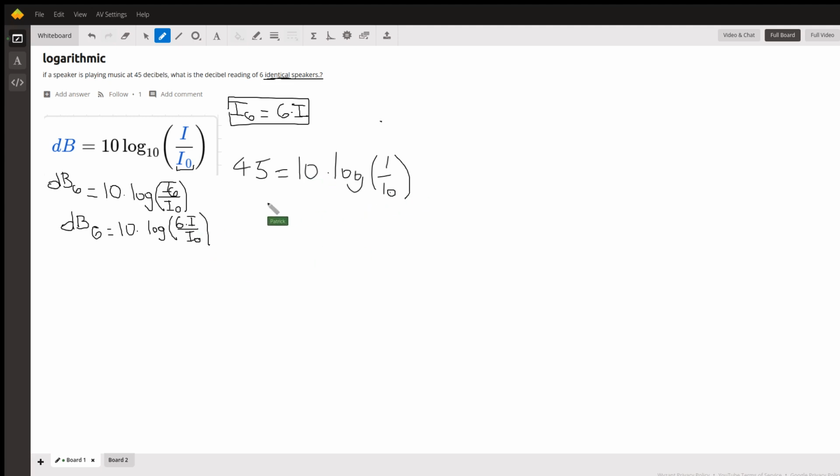Now check this out. We can also write it as 10 times log base 10 again, and then 6 times the ratio we were given at the beginning, 6 times I over I naught. Now, let me switch pages, and you will see I pulled up a page with the log properties.